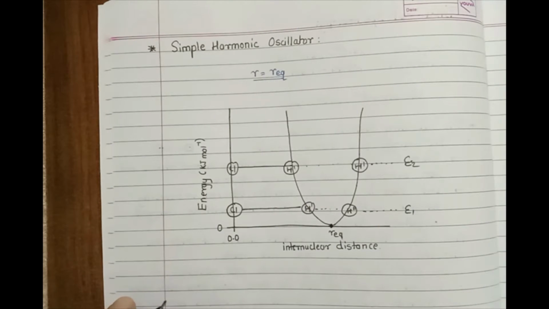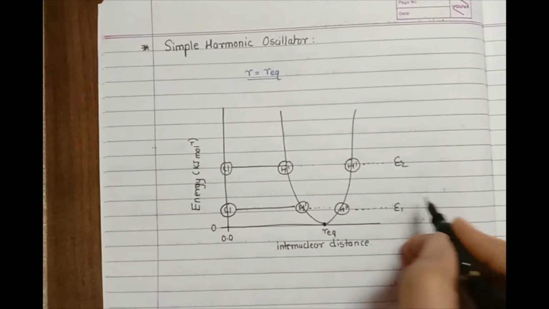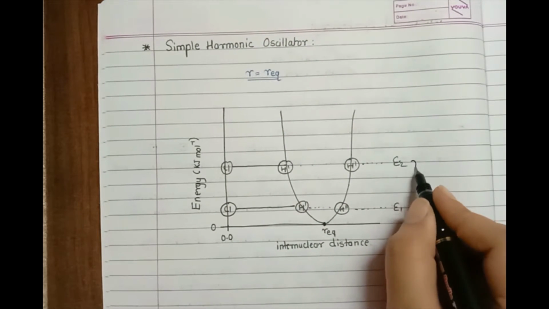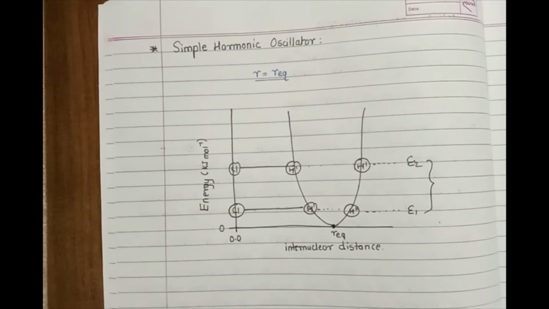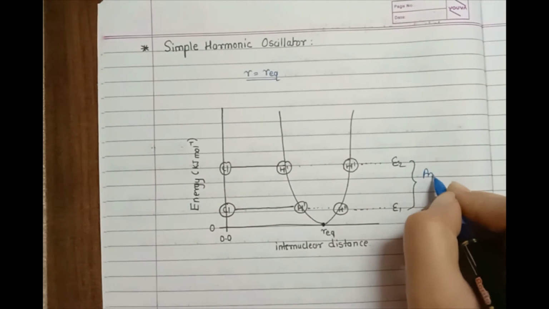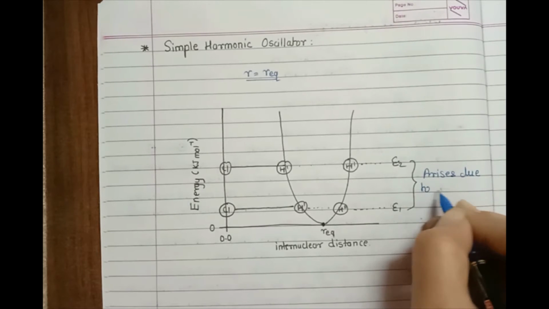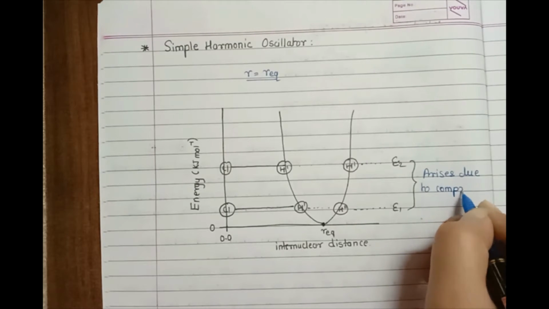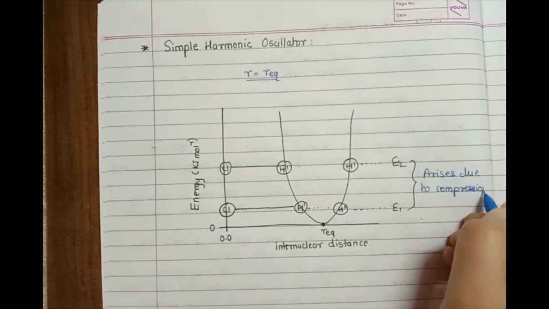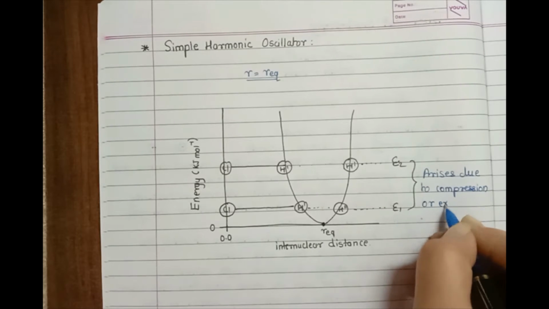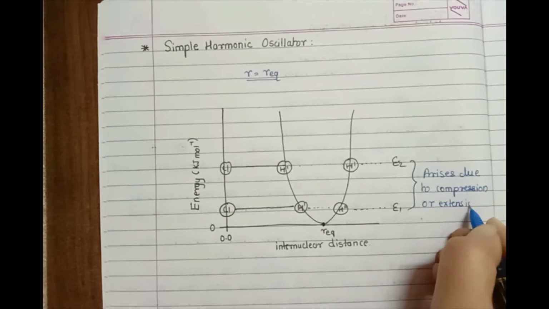So here there is one consideration that this epsilon 1 and epsilon 2 arises due to the compression or extension. Is it okay?